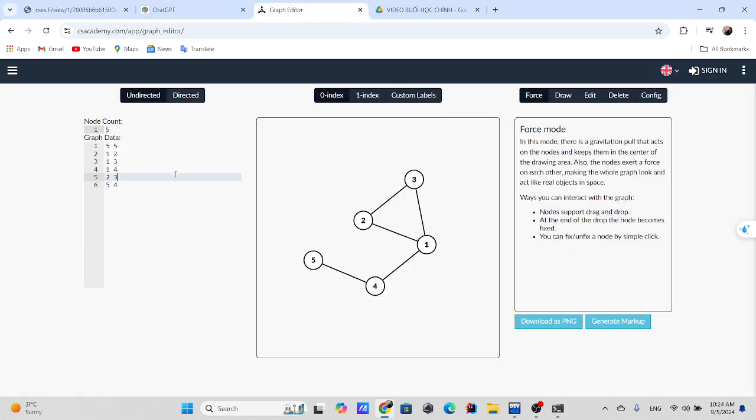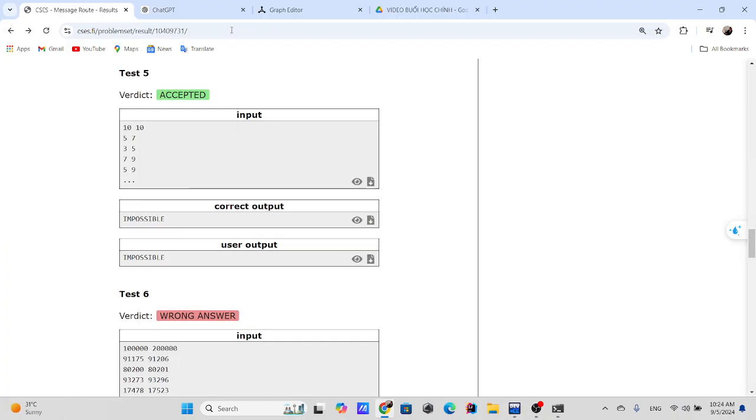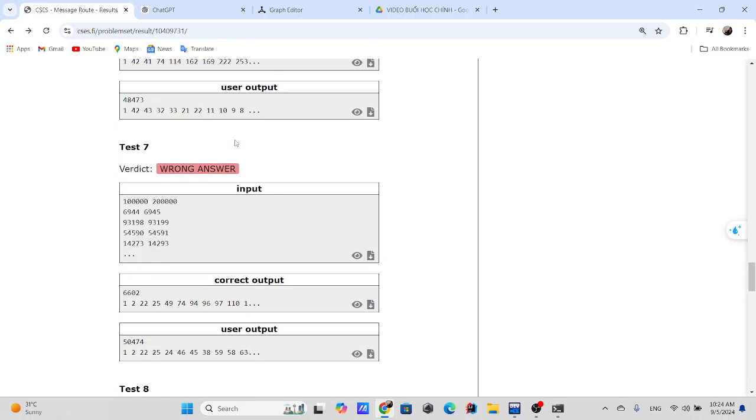It's kind of strange. Okay. So impossible, right? Shit.